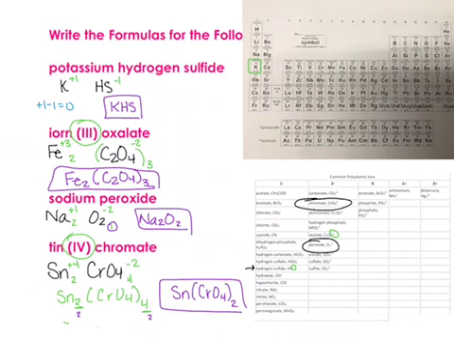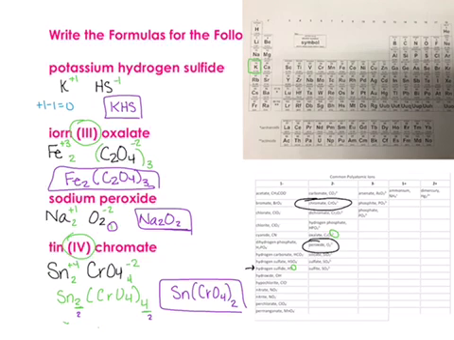So a couple things to remember as you go through these problems. Everything needs to balance out to 0 charge overall. You need to watch out for your transition metals and your stock naming system. And your final answer absolutely has to be in its lowest terms.